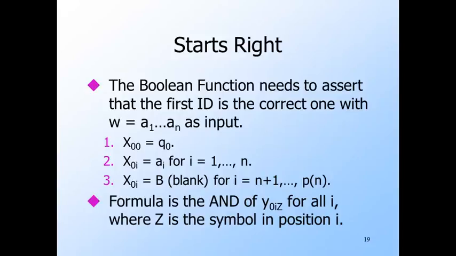So we can write starts right as the AND of y_00q0 and y_01a1, the first symbol of w, and y_02a2, and so on, and after, let's say, y_0n an, then you've got to have y_0,n+1 blank, and so on.